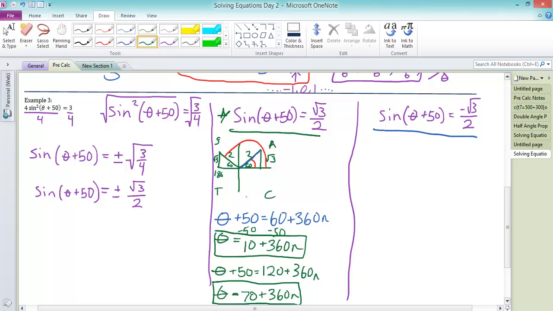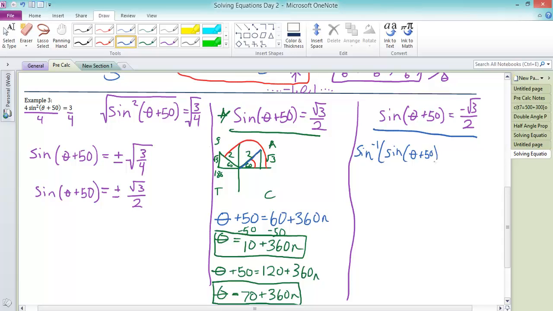Okay, now let's go over here. So that gave me my two general solutions for this half of the problem. Now we jump over to my second half, and we're going to do the same thing. I'm going to write it a little bit differently. I'm going to take the arc sine of both sides, and this is just to show you that we can do it either way.